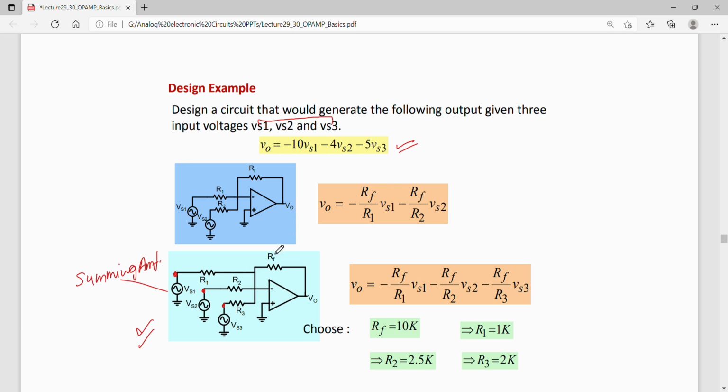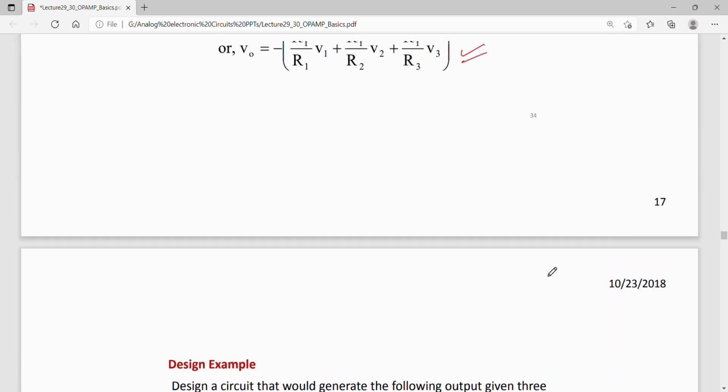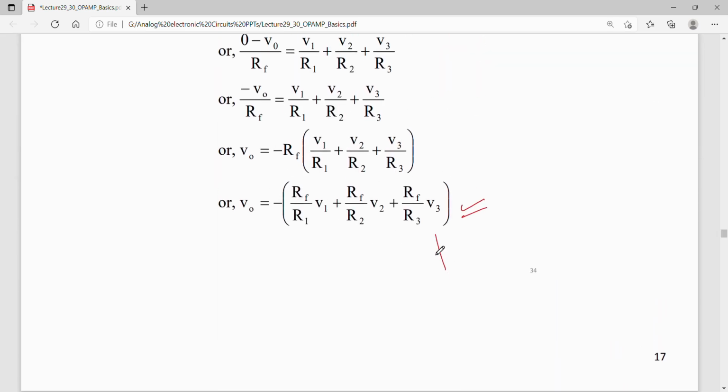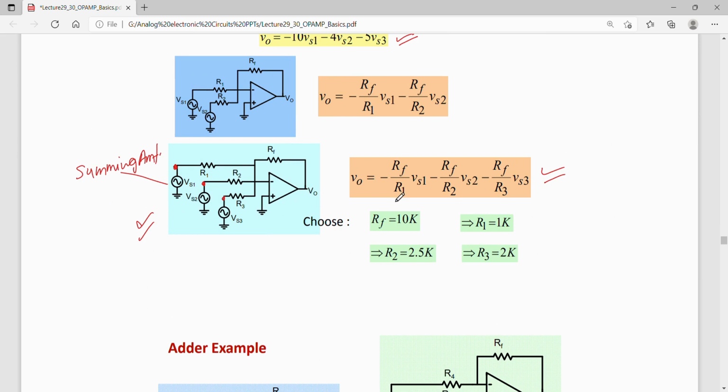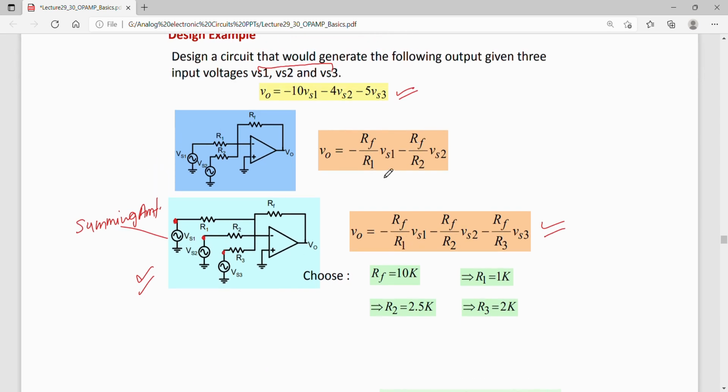We have to now decide R1, R2 and R3, because the output of this circuit is given by the equation we have simply copied. Now RF by R1 should be equal to 10.